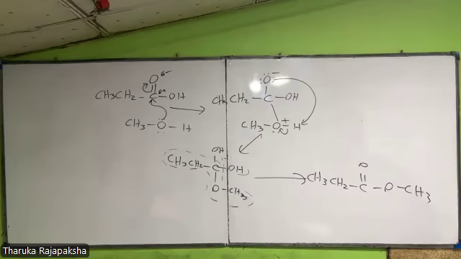Alkyl halide, acid chloride. Alcohol with HBr. Okay, I think one is missing. Salt of alcohol with alkyl halide. Is one missing out of here?